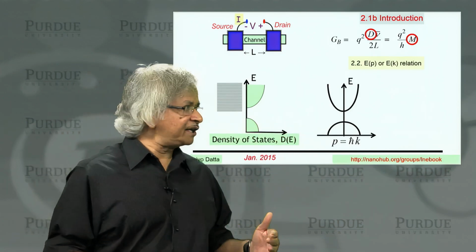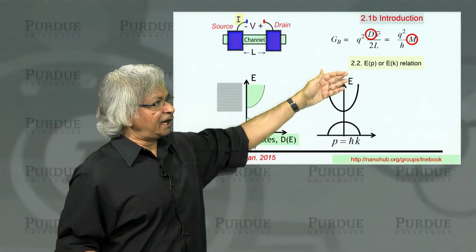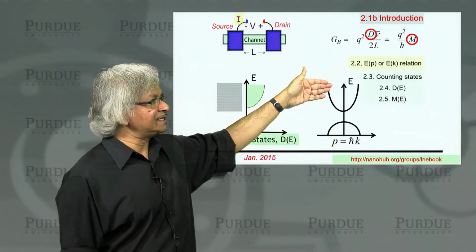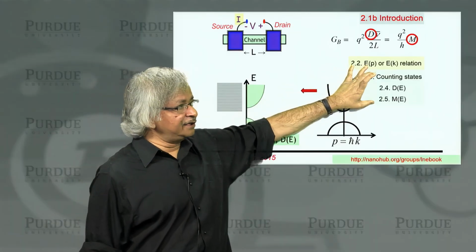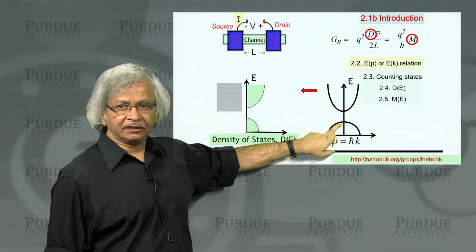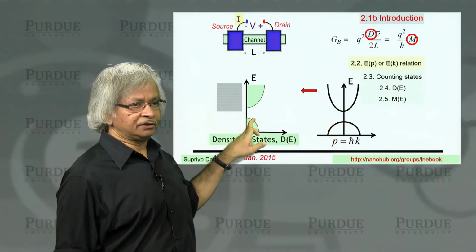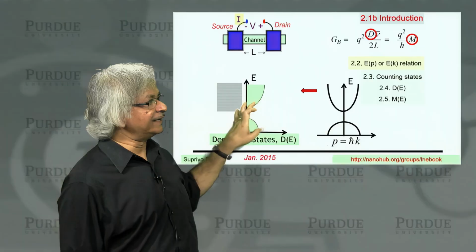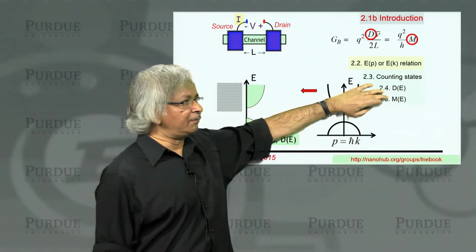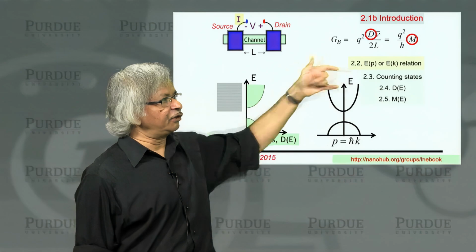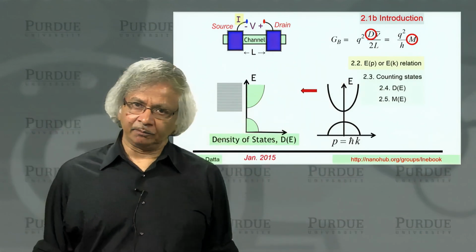One of our objectives, after we introduce this idea of energy-momentum relation, is to discuss in the next 3 lectures how to translate that curve into that curve. That is, how to start from an energy-momentum relation and get a density of states or the number of modes out of it. That's what the next 3 lectures are about.